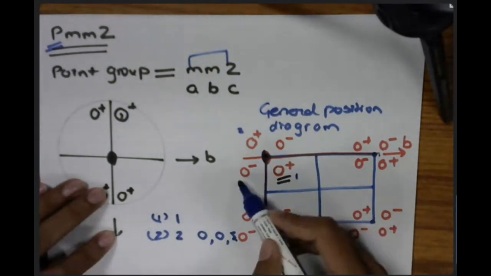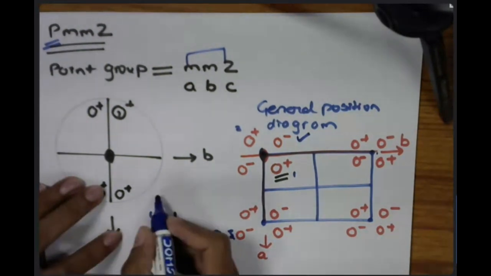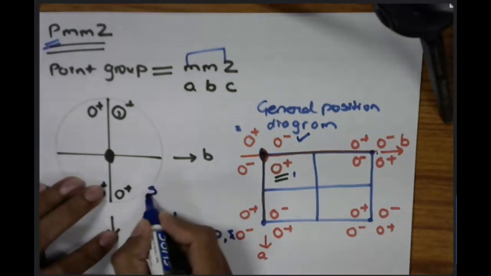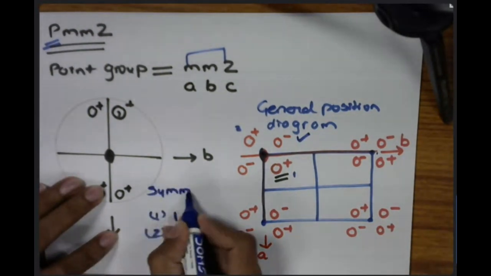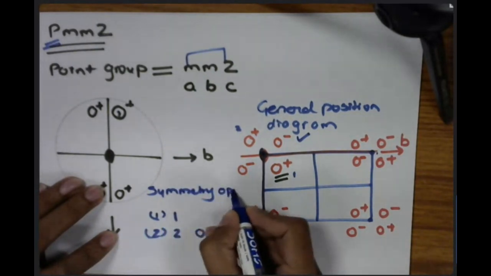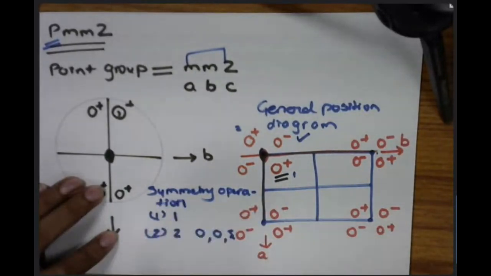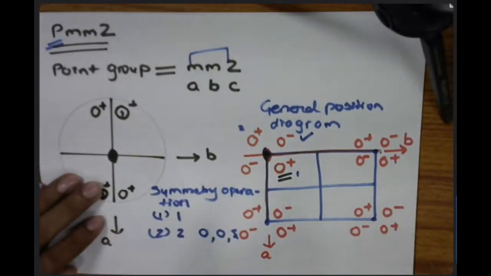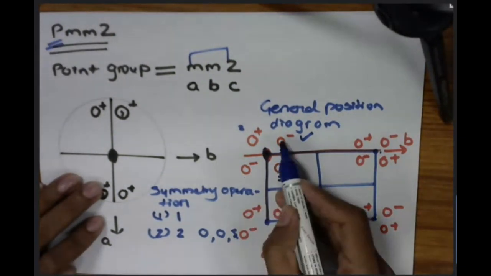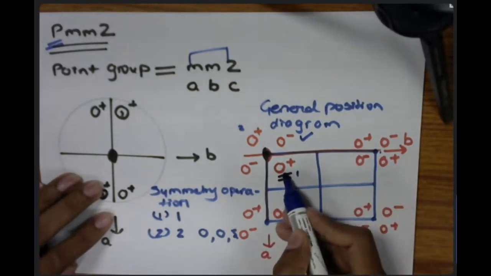What about the other point? Let's talk about this particular point. Which operation will produce that? So here we are writing the symmetry operation. How can one produce these points? We can say that it can be produced by the mirror. Starting from this particular point itself, how can we produce this point?